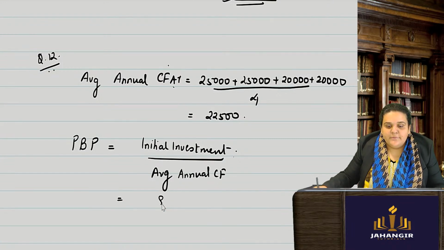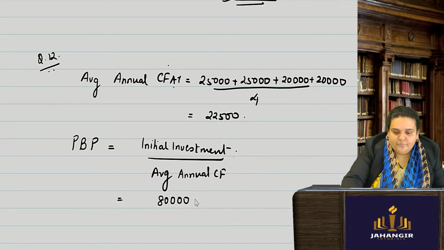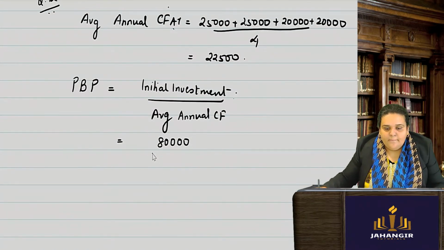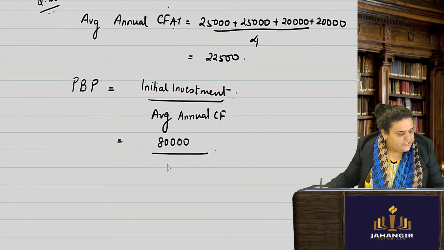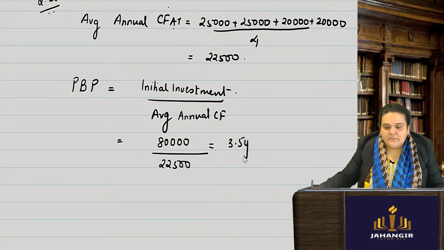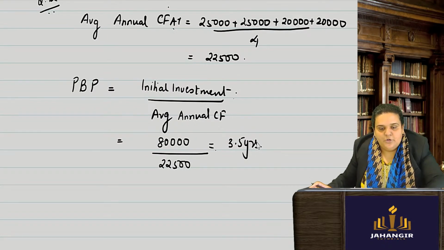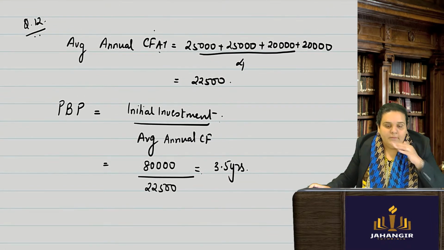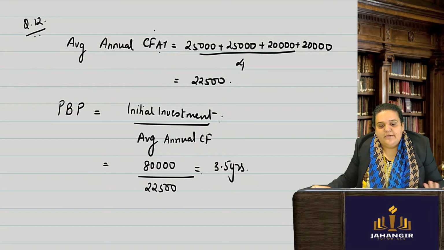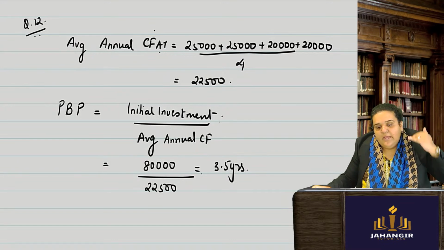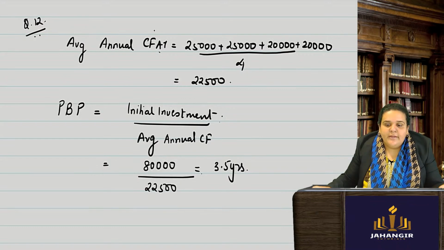So my initial investment they have given me is 80,000, and my average annual cash flow is 22,500. So this is going to come to 3.5 years. Simple. This is what you all have to do. Payback period, there is no discounting factor, nothing. My investment is 80,000, average I am going to earn 22,500, so 3.5 years.